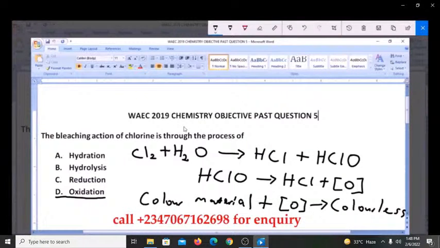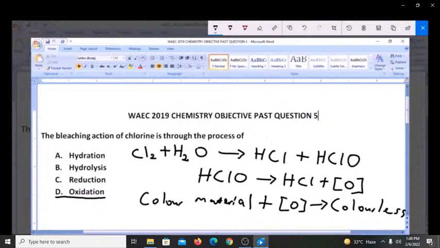So that is the bleaching action of chlorine. That is the mechanism of how chlorine functions to remove stains and colors.